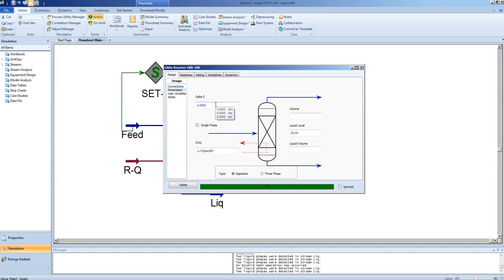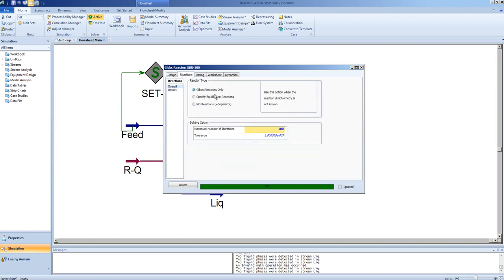Note, you can enter parameters such as the delta P for the reaction. And as you will see when we do the next video, we can actually specify reactions that the Gibbs reactor would do, or make the reactor act as a separator vessel with no reactions taking place whatsoever.